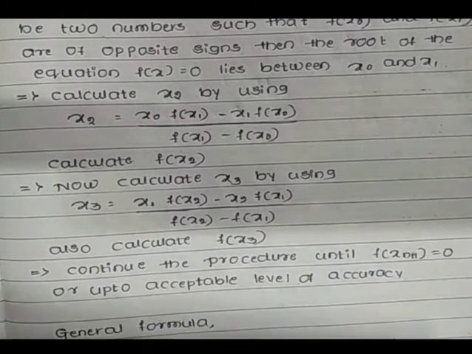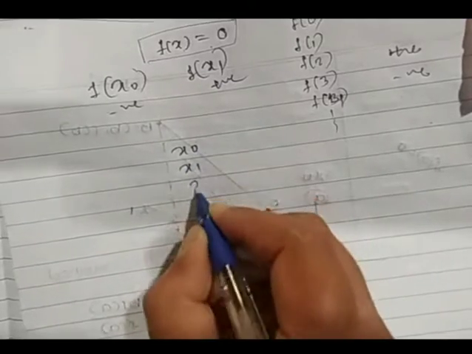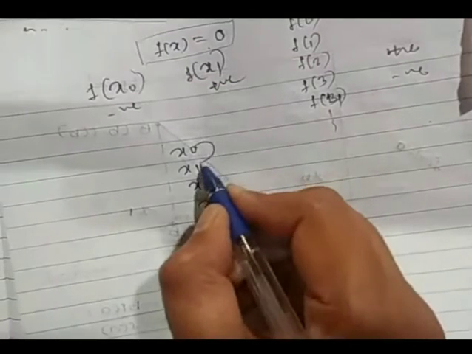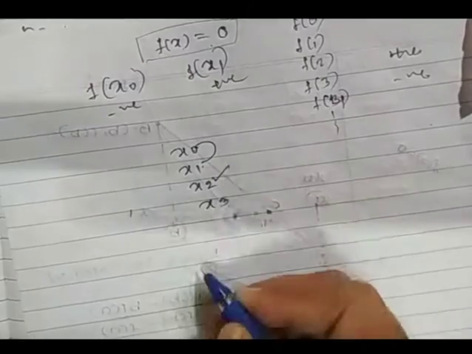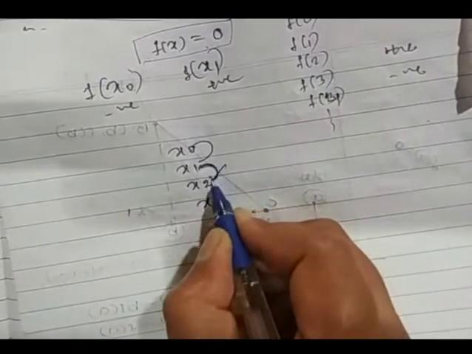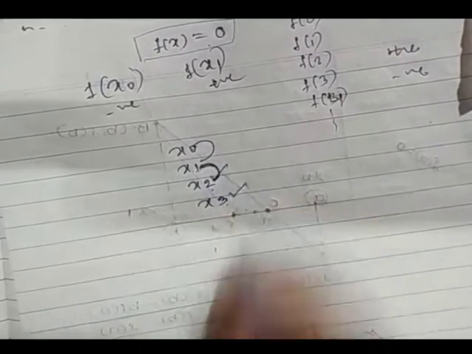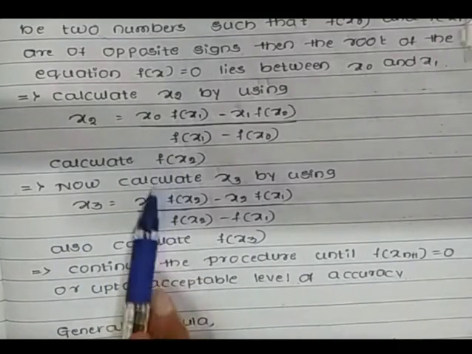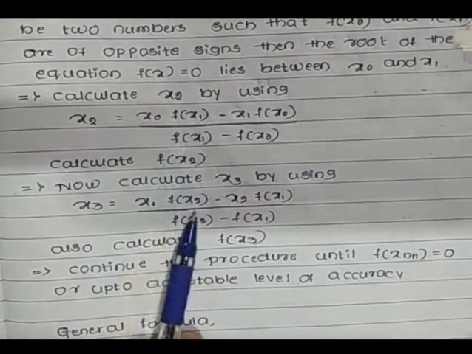Now for x3, the previous two results are: first x0, then x1, then x2, now x3. Using x0 and x1 we calculated x2. So now to calculate x3 consider the previous two results, that is x2 and x1. Using x1 and x2 we need to calculate x3. For the x3 formula, just interchange: replace x0 using x1, replace x1 using x2.